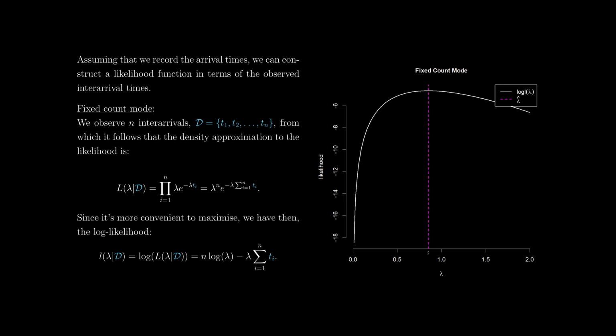Now that simplifies just to lambda to the power n times e to the minus lambda times the sum over all of the t_i for i running from 1 to n. And as you may know already, since it's more convenient to maximize, the log likelihood function is just given by n log lambda minus lambda times the sum over all of the t_i for i running from 1 to n, so the sum over all of the interarrival times. Cool, so nice, simple expression.